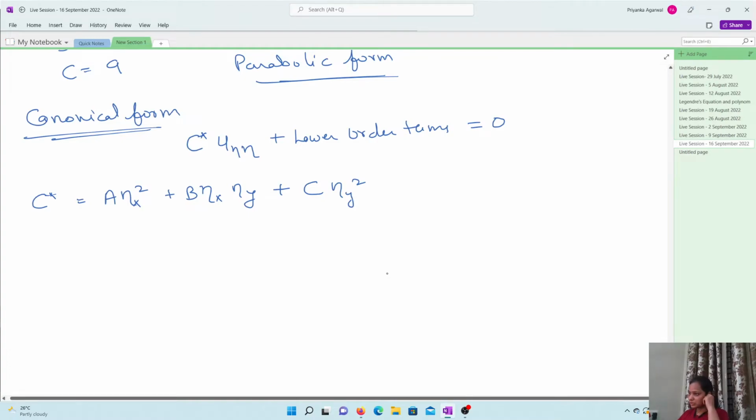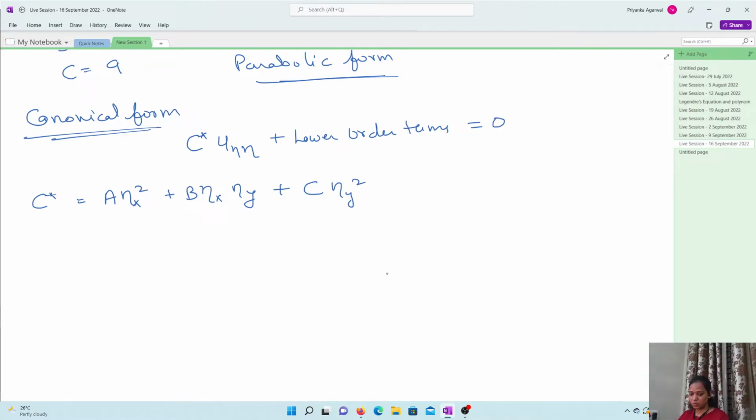Now we need to find this neta, or we can also write it in terms of zeta. So now let's write what dy by dx will be. dy by dx was (b plus minus the square root of b square minus 4ac) over 2a.